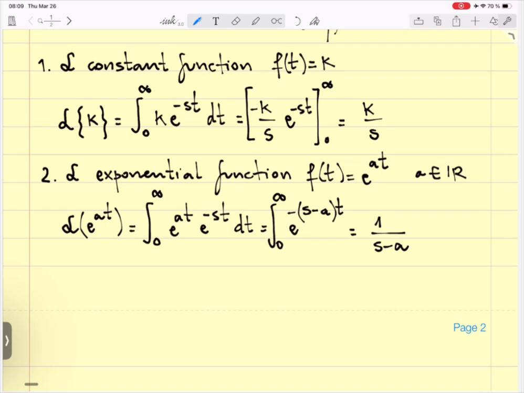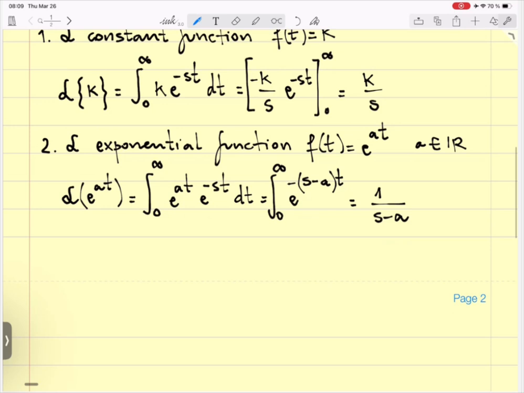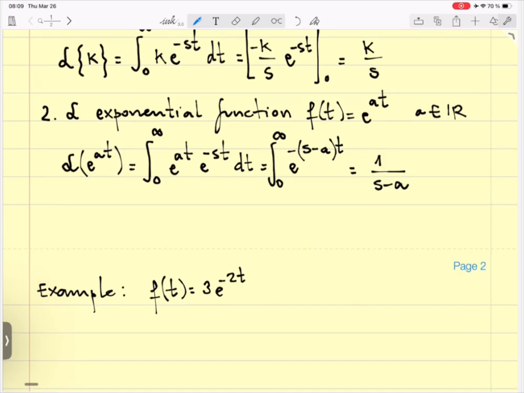Yeah. So let's do an example. Imagine we have a function which is 3 times e to the minus 2t, and we want to apply the Laplace transform to this function.